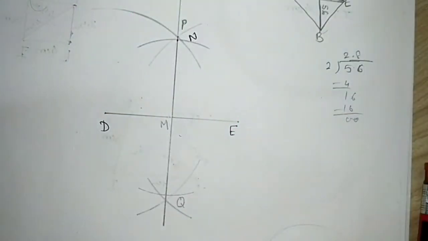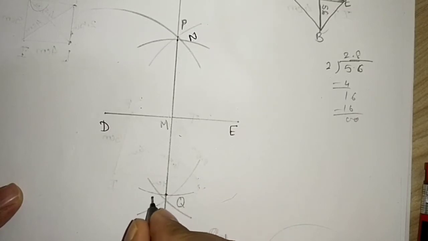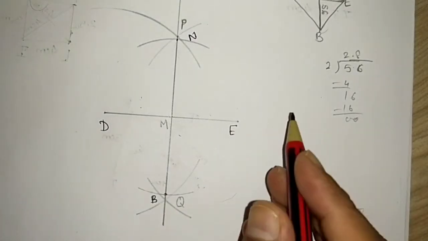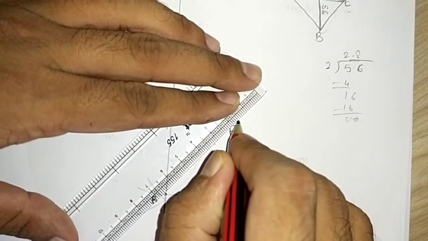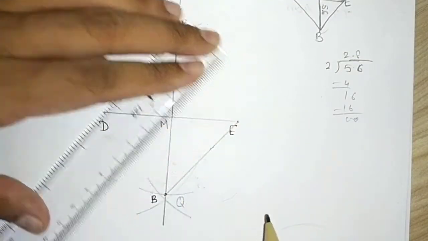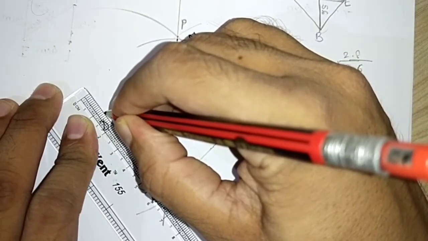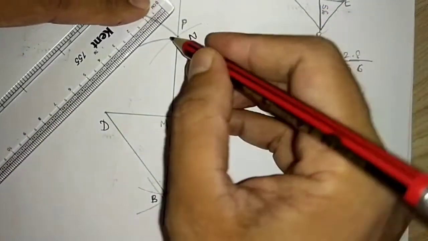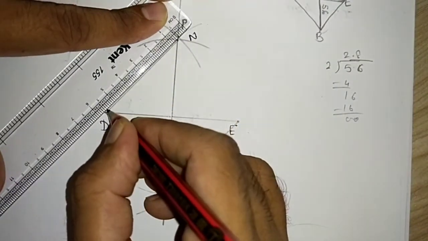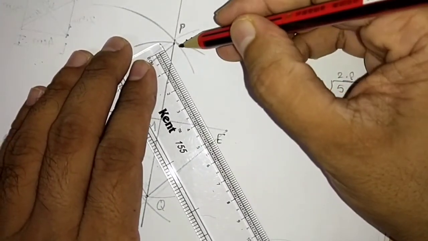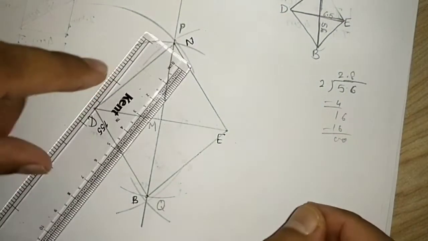So we will get our 2.8 here, and we will get it as B. Now join BE, DB, and ND and NE, and measure all the sides.